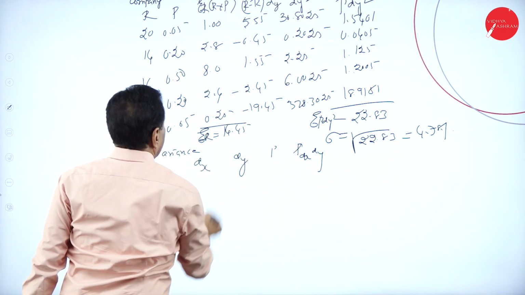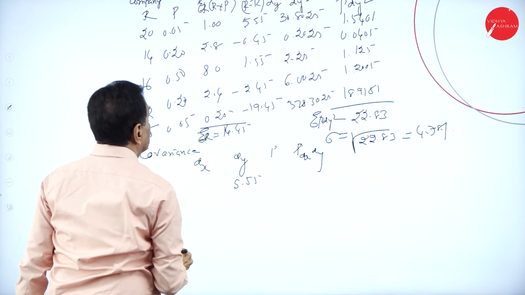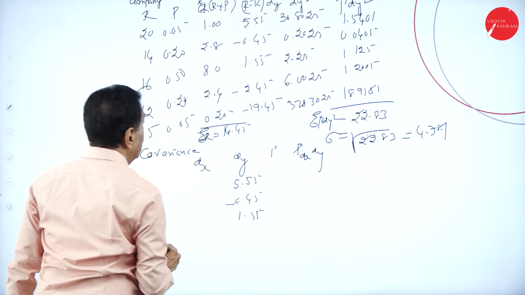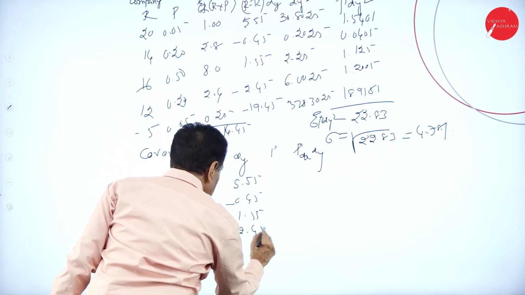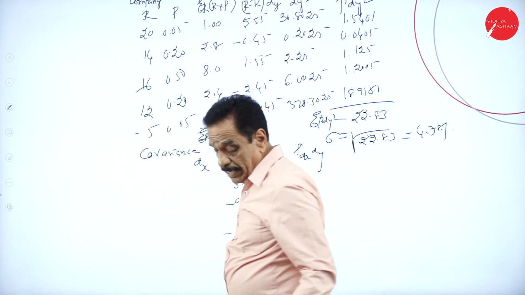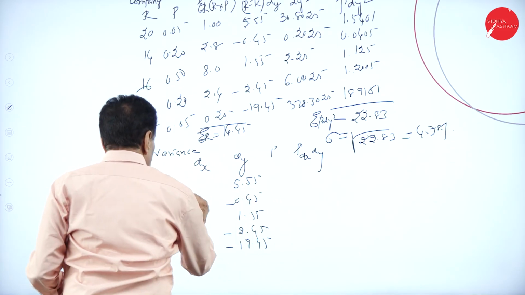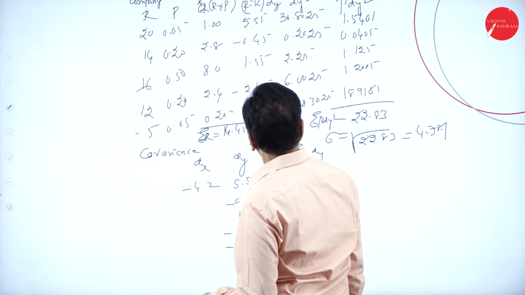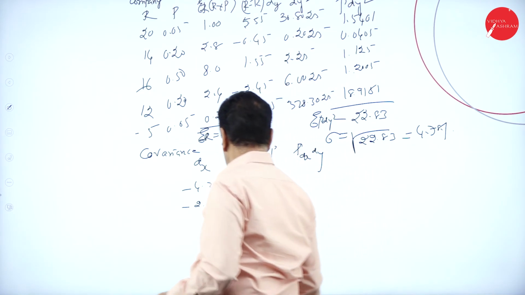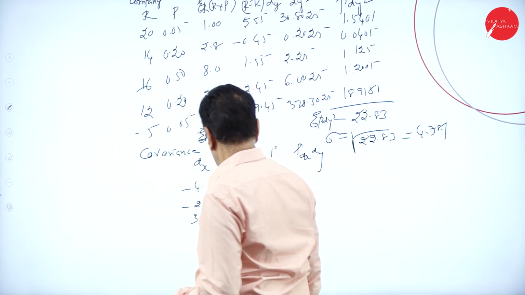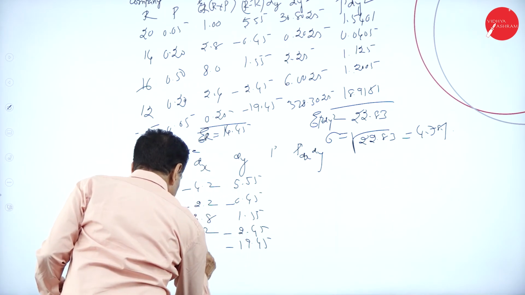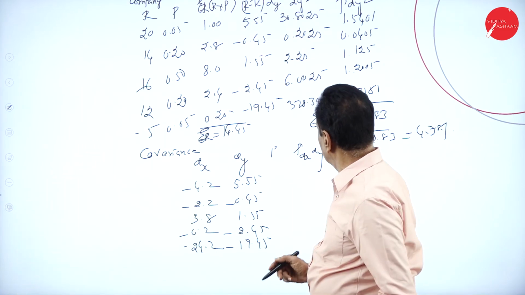Your dy is 5.55, minus 0.45, 1.55, minus 2.45, minus 19.45. dx: minus 4.2, minus 2.2, 3.8, minus 0.2, minus 24.2. This is dx.